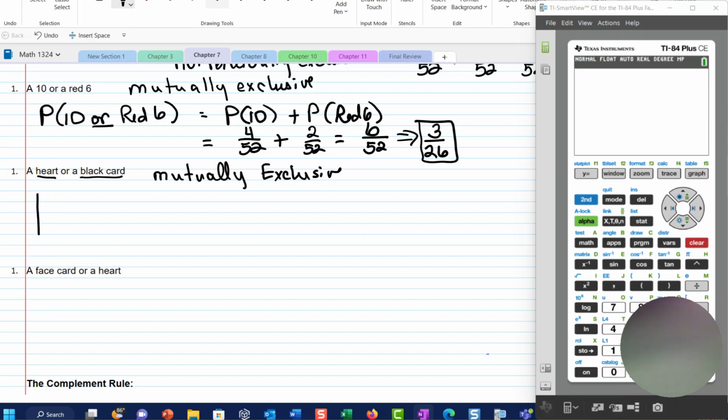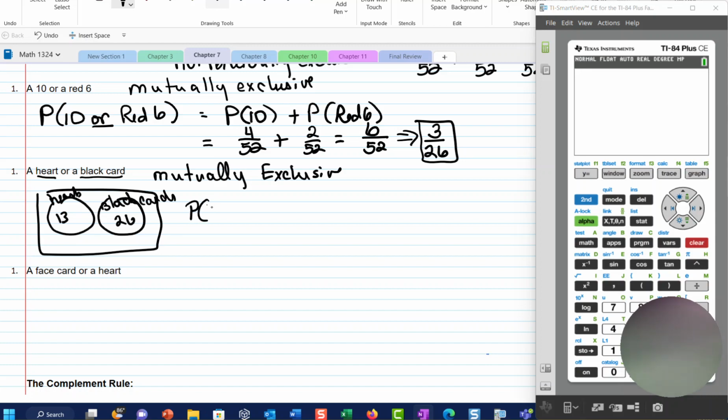In other words, I've got hearts, 13 of these, and then I have black cards. It's 26 of these, according to my chart. So I want to say the probability of a heart or black card.